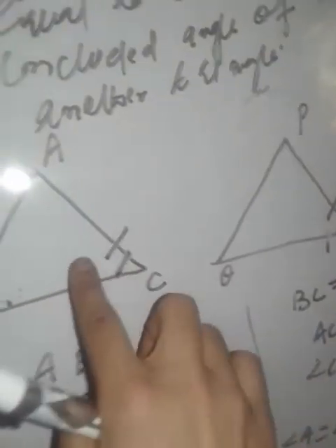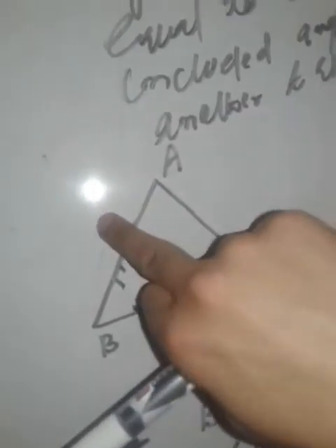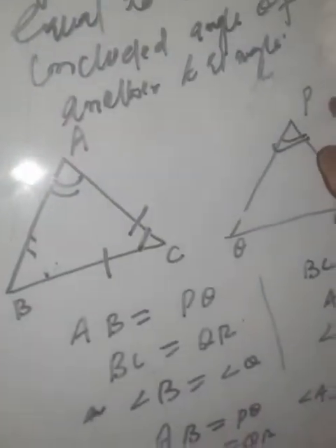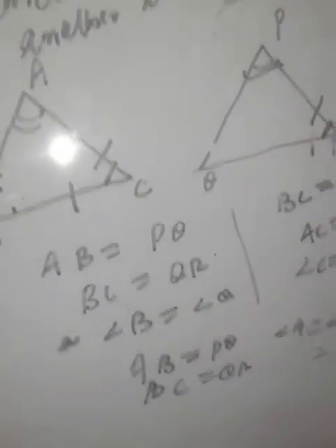Again, some of you might choose AC and AB. So you will write AC equals PR, AB equals PQ. Then angle A is included and angle P is included. You will write angle A equals angle P. So we can say that triangle ABC is congruent to triangle PQR.